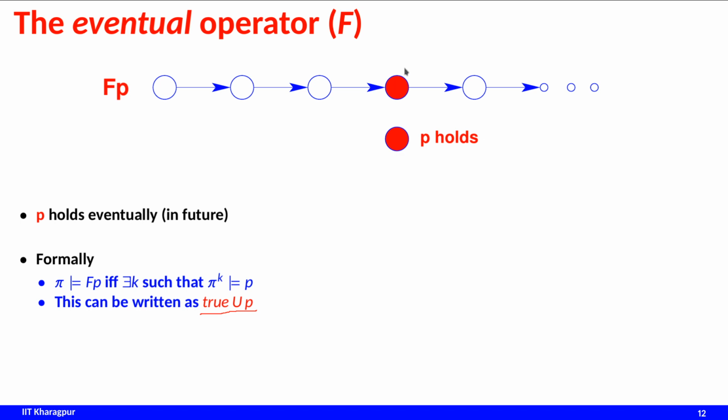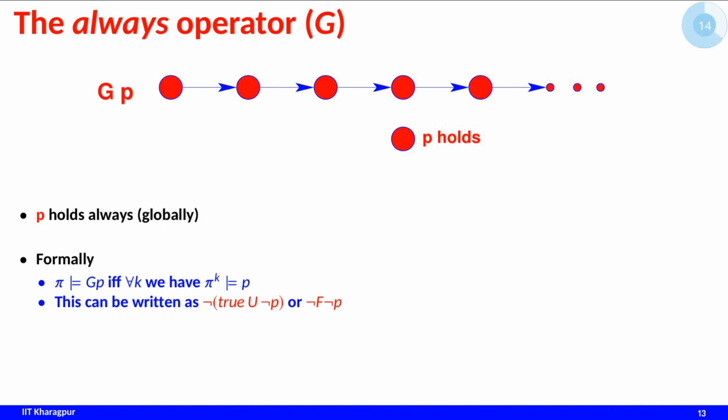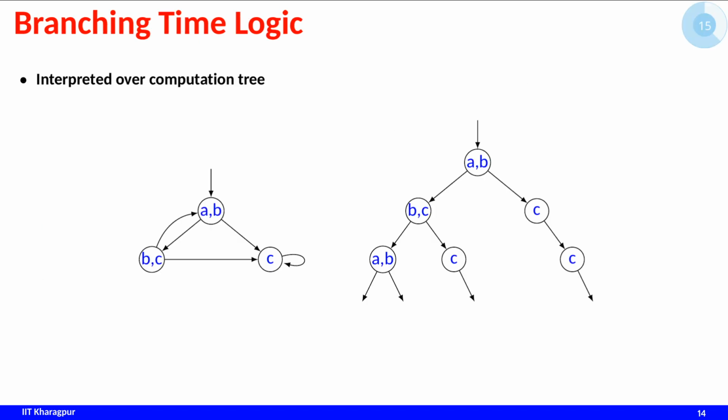So effectively it is true, true, true, and then P. So P holds eventually. Global operator, again it is simple to understand: in every state P will hold. This can be written as true until not P, and not of that, and also as not F of not P. That means not P does not hold in the future.